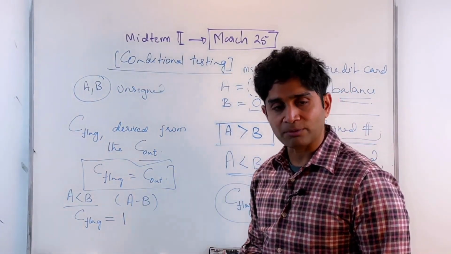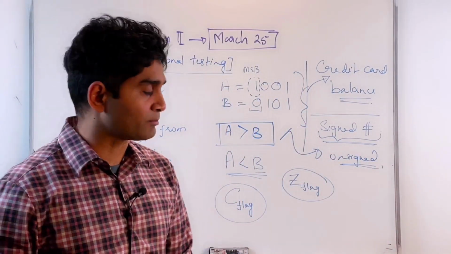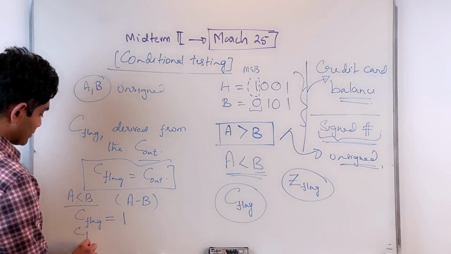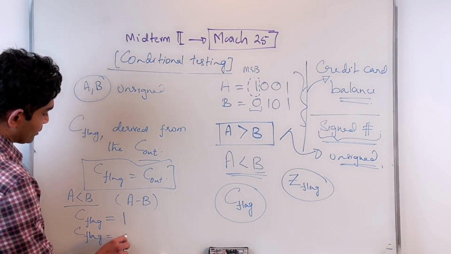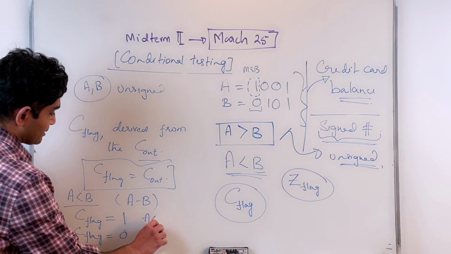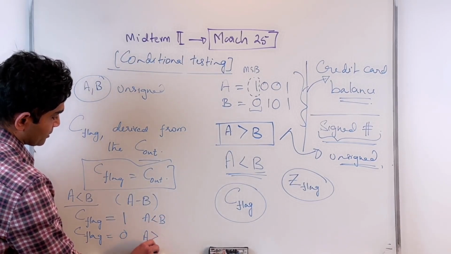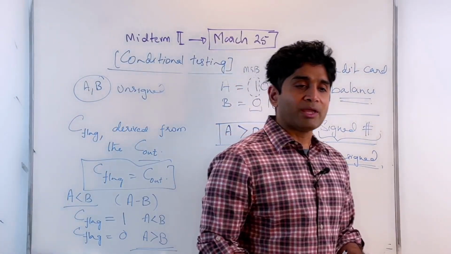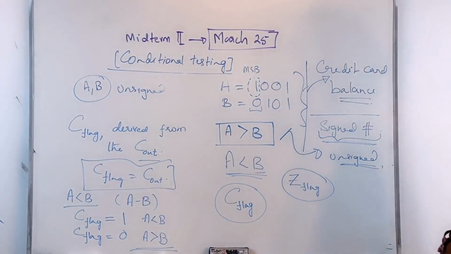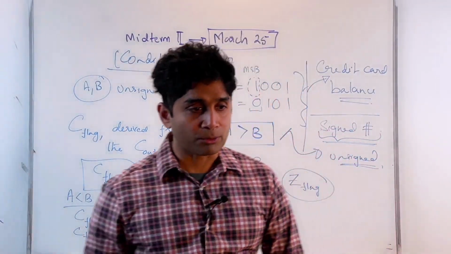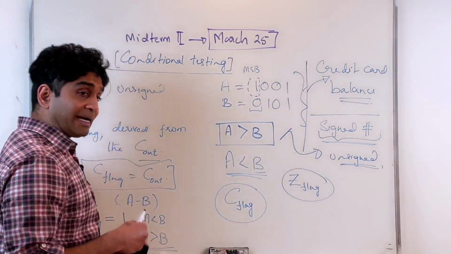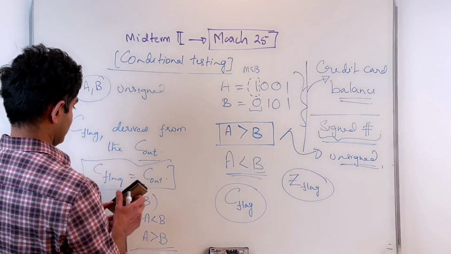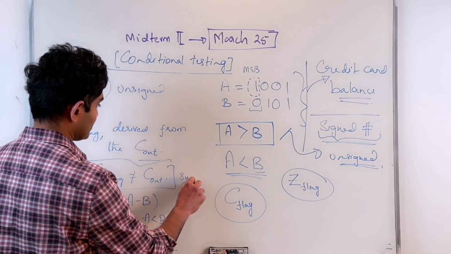That's why my C flag is set, indicating that A is less than B. In subtraction operations, if my C flag is 0, that indicates that A is larger than B. And the way we have derived it from C out was because we also wanted to use the C flag for addition operations as well, so the C flag is not equal to C out for subtraction.